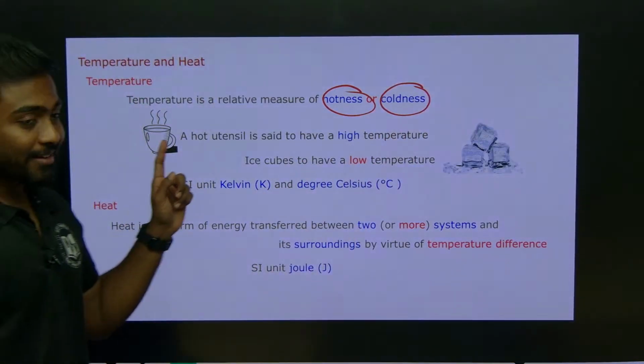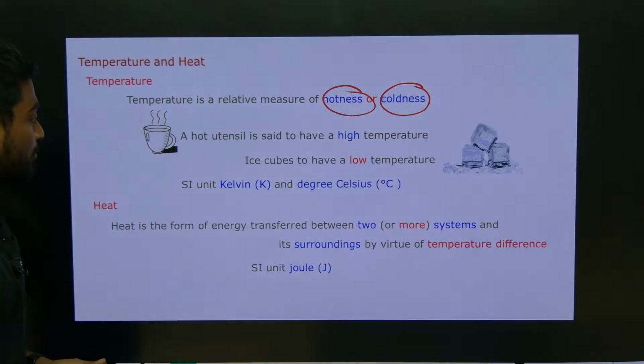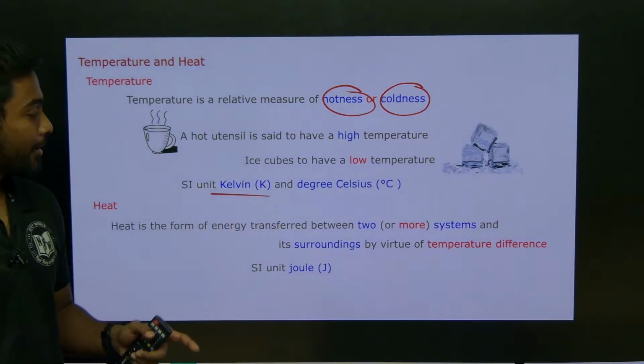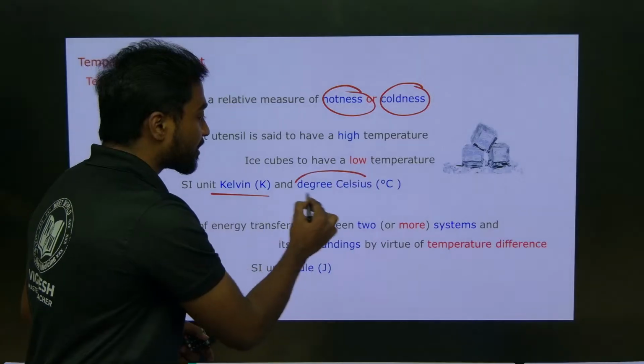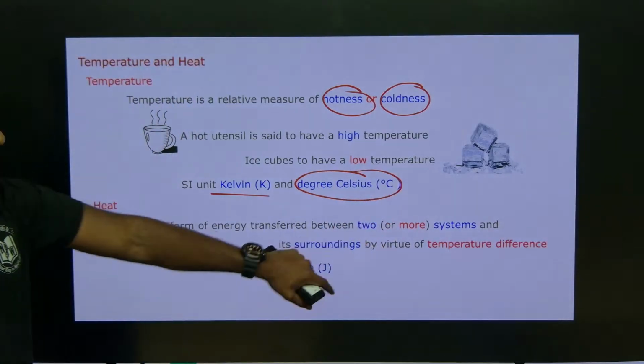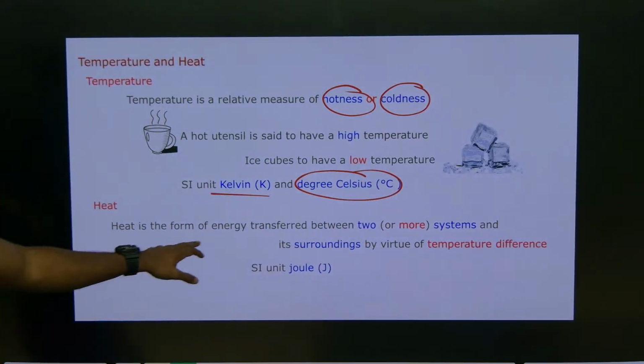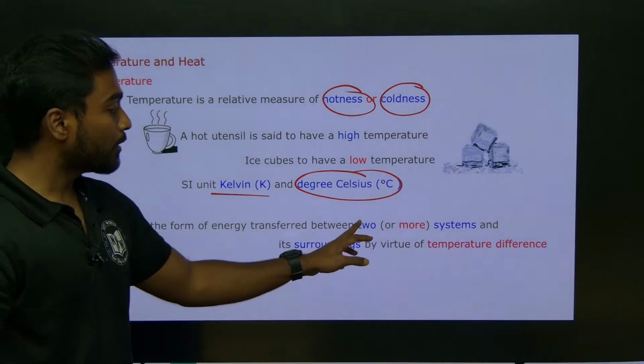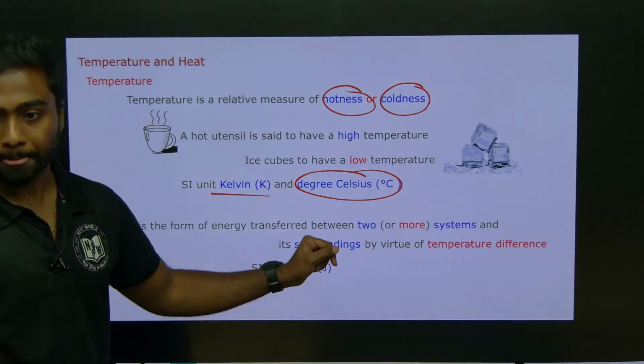The SI unit of temperature is Kelvin, and degree Celsius is the other unit. Then heat is the form of energy which is transferred between the system and the surroundings.